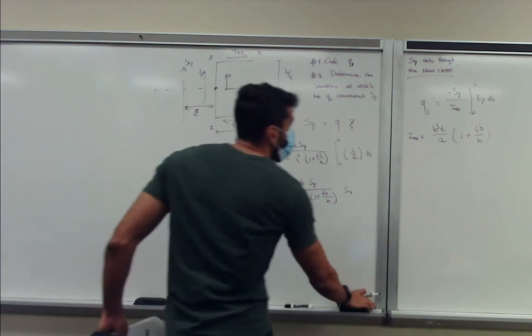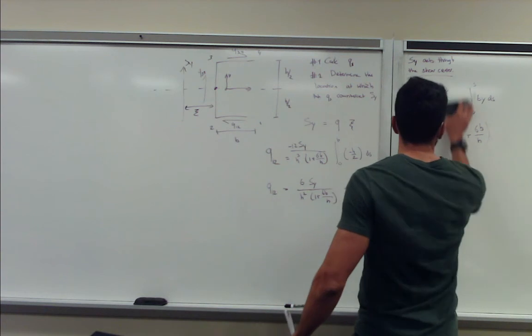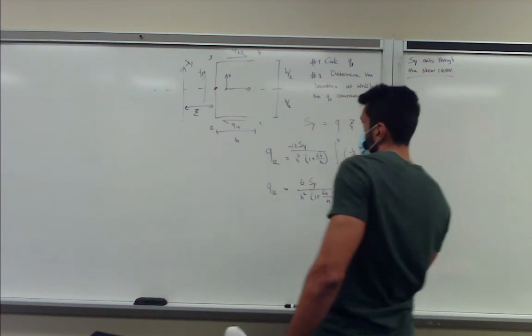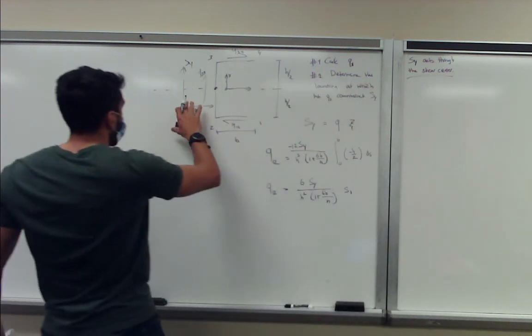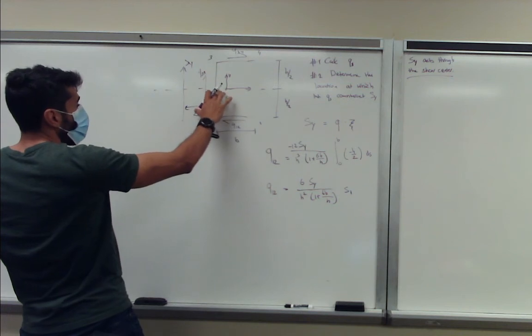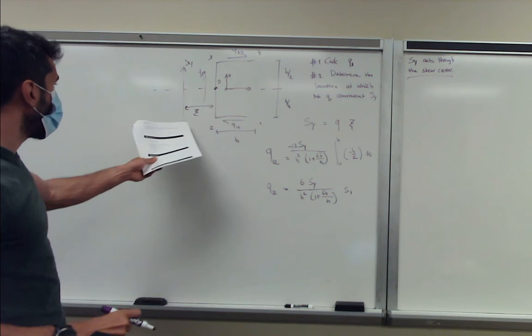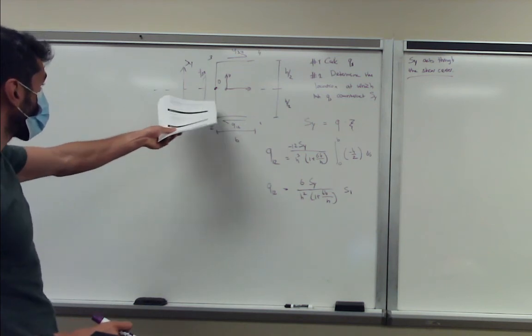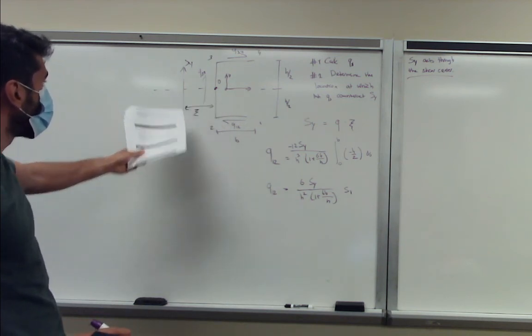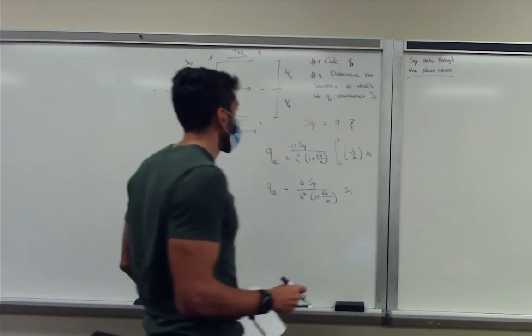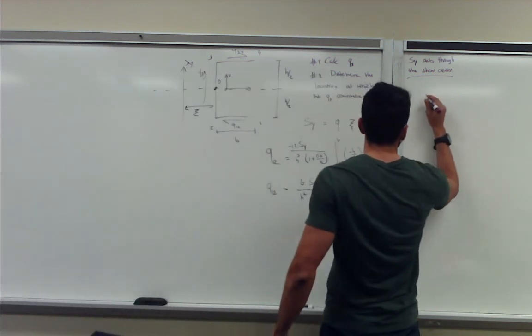So let's do that. We say the moments caused by this shear flow with respect to this point 0, multiplied by the psi distance from that location, must be equivalent to our shear flows.